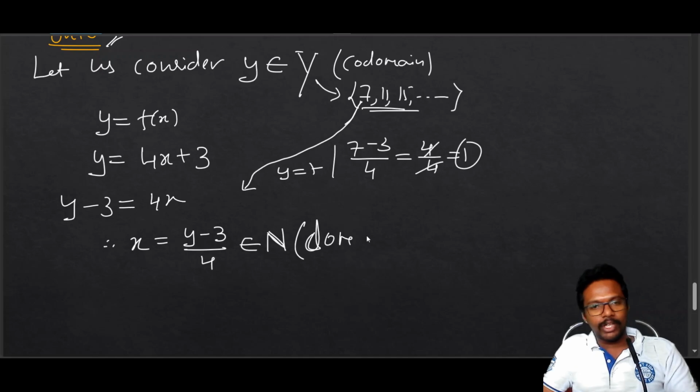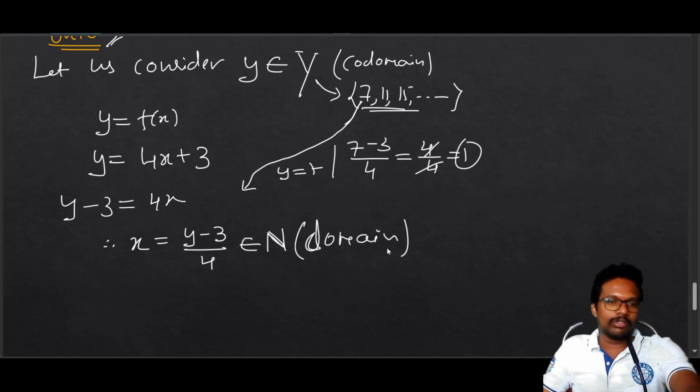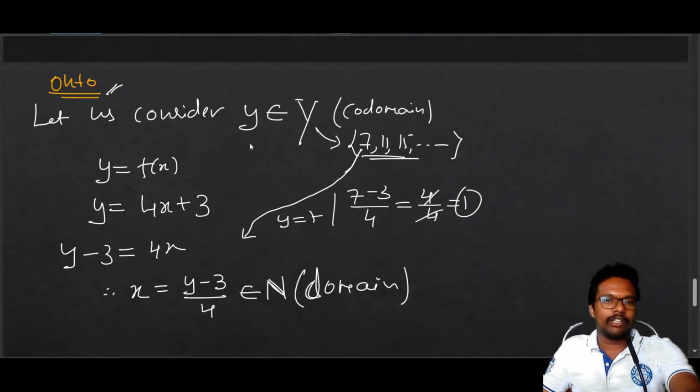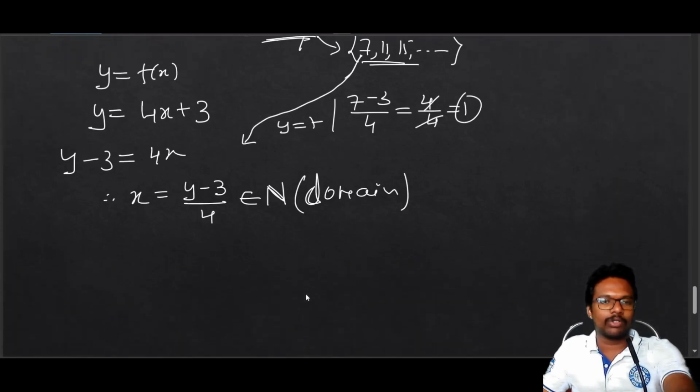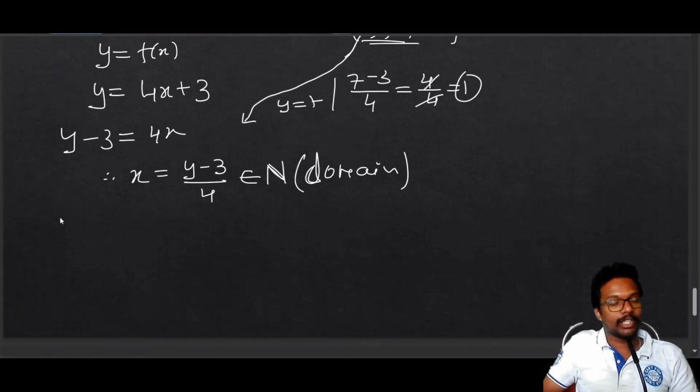Now from y considered in the codomain we got an x which is in the domain, and we have to write this in a sentence. I have explained in previous questions that this sentence is important. The sentence is easy actually.